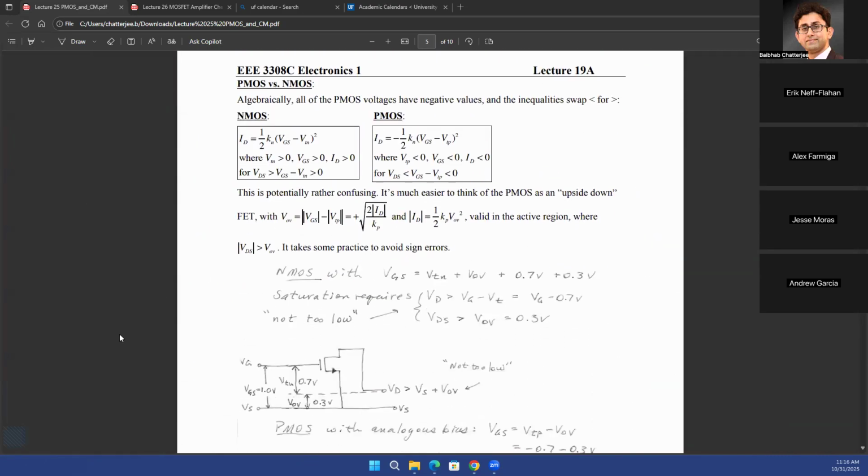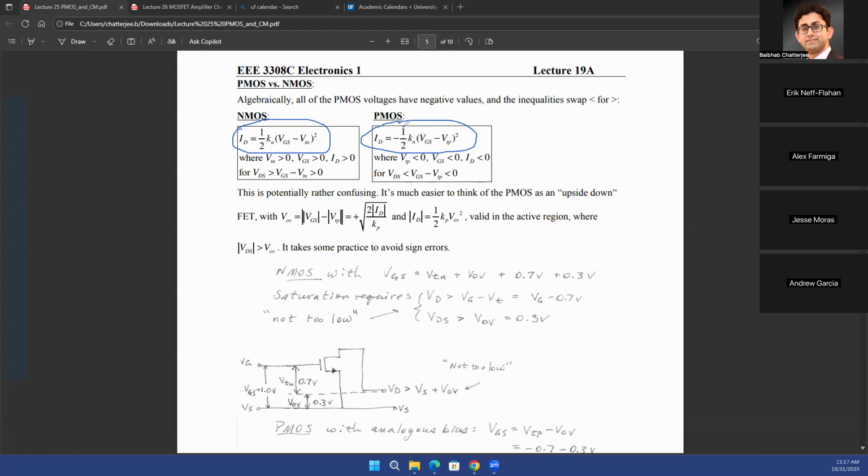So here I write down the same equations that we just talked about. You can write down your ID equation as k over 2 times (VGS minus VT) whole squared for NMOS. For PMOS, it's going to be minus k over 2 times (VGS minus VT) whole squared. And of course, if you are taking the absolute value in each case, then you do not even need to think about which terminal is at a higher potential, which terminal is at a lower potential.